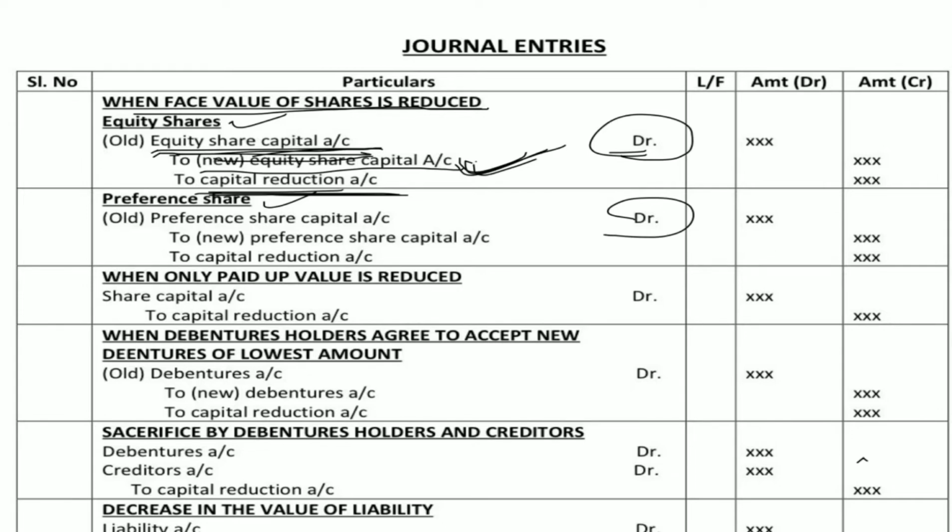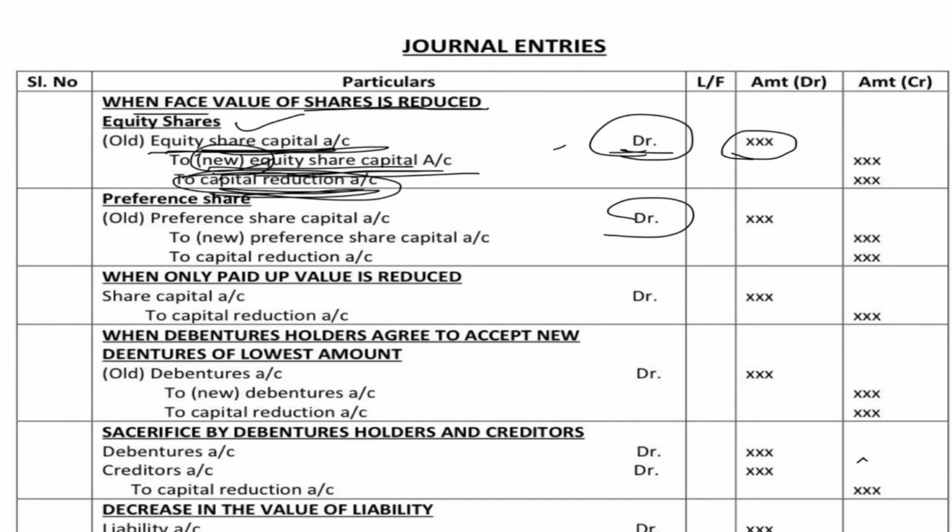So the value which the company gained will be credited to capital reduction account. The difference between the old share value and the new share value will be transferred to capital reduction account.